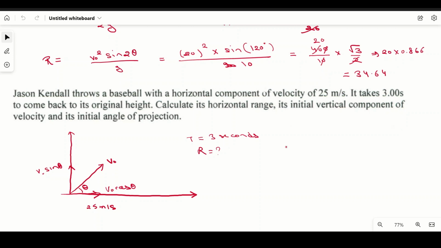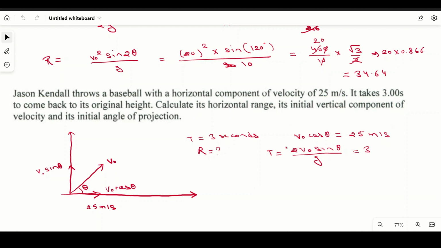See, V naught cos theta is given as 25 meter per second and the total time of flight is 3 seconds. So what is the formula for total time of flight? T is equal to 2 V naught sin theta divided by g, which is equal to 3.